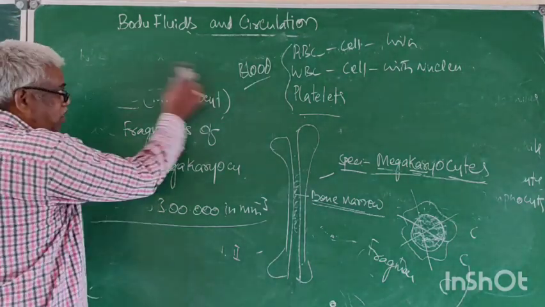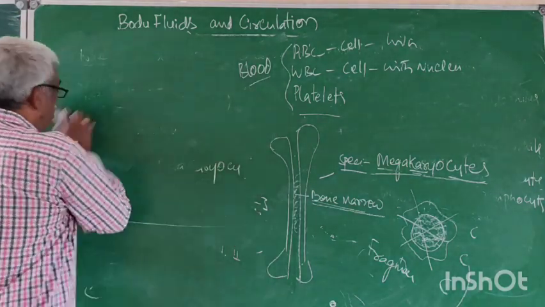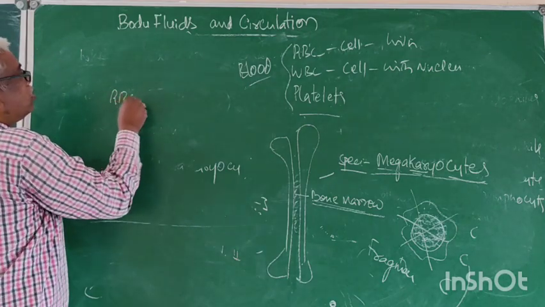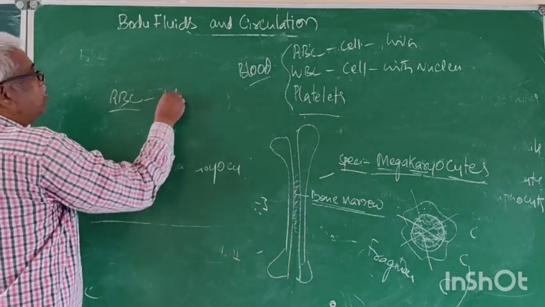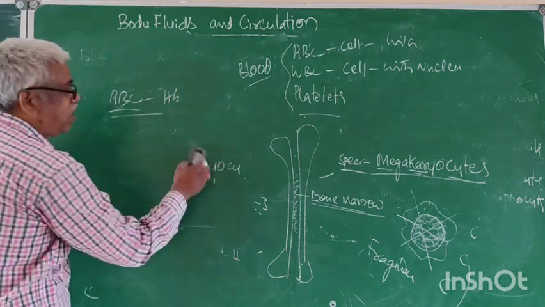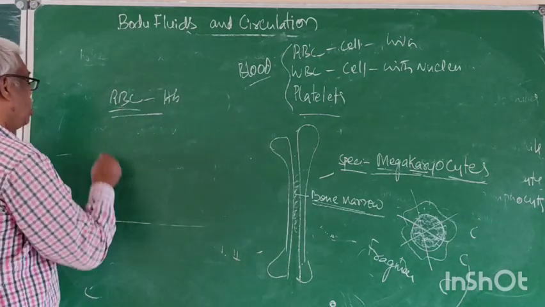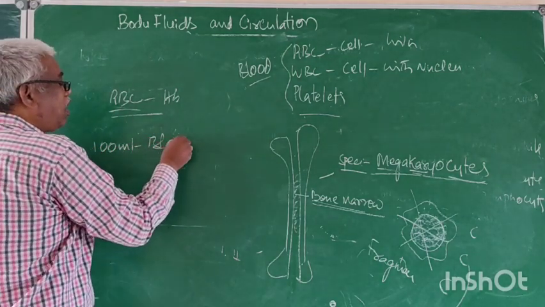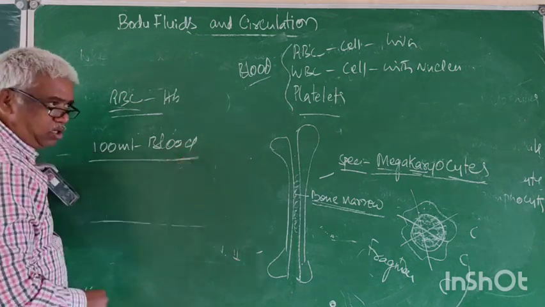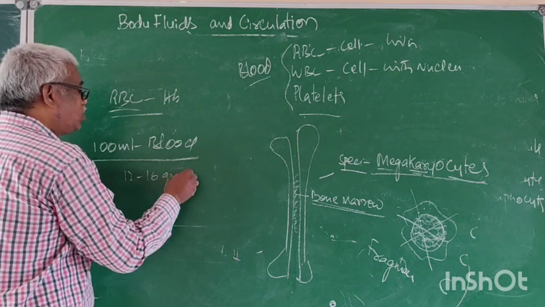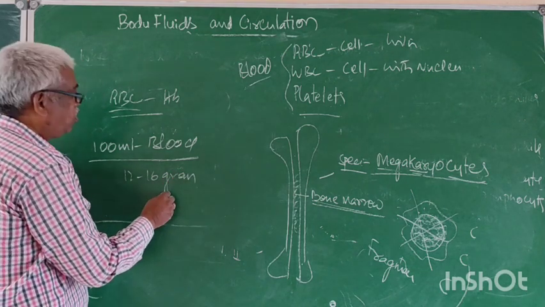Right. Name the protein in RBC. Hemoglobin. In a healthy person, in 100 ml of blood, it is 12 to 16 grams, not milligrams.